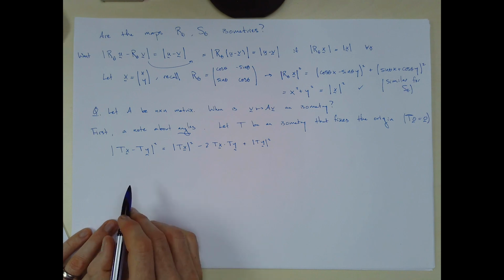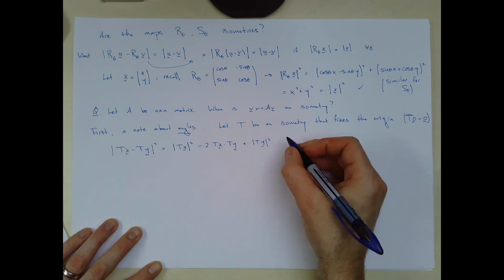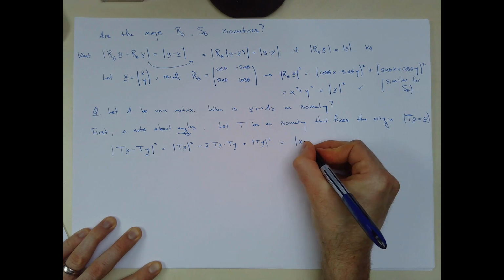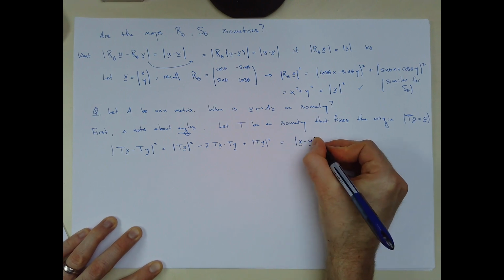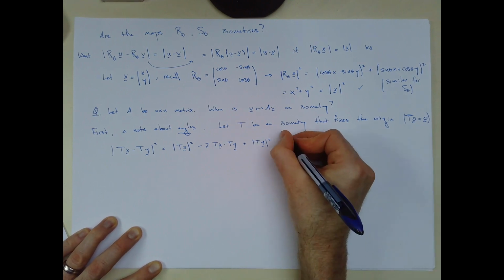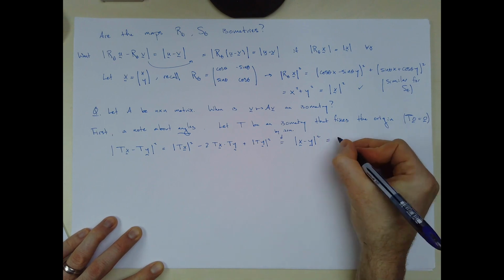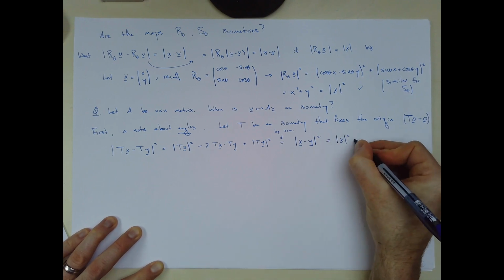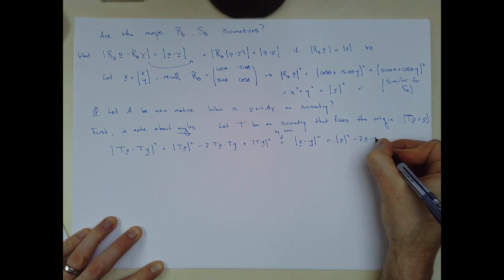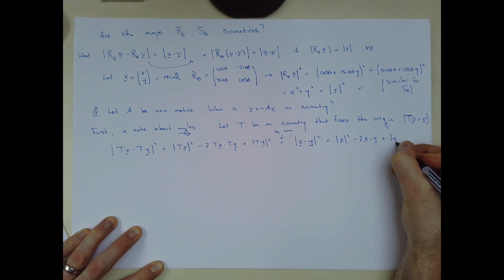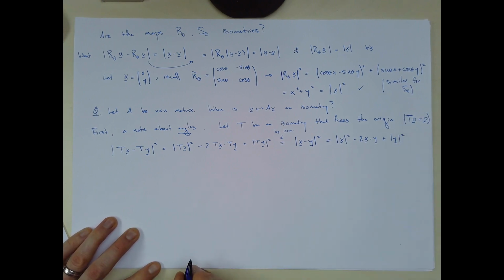By virtue of being an isometry, this is equal to magnitude of x minus y squared. That's by isometry. And I could expand that as magnitude x squared minus 2 x dot y plus magnitude y squared.